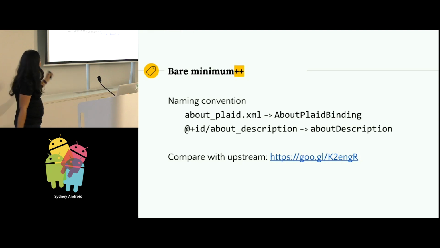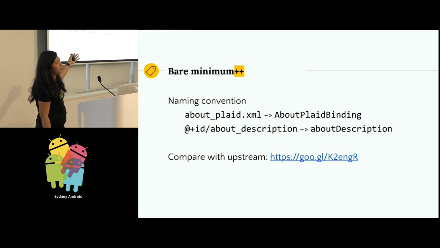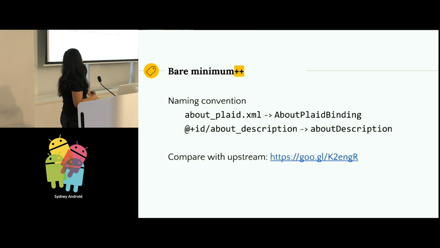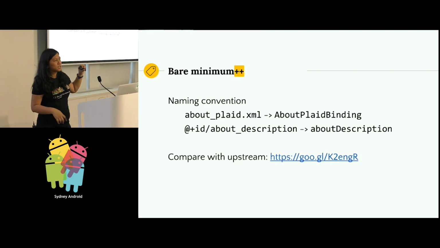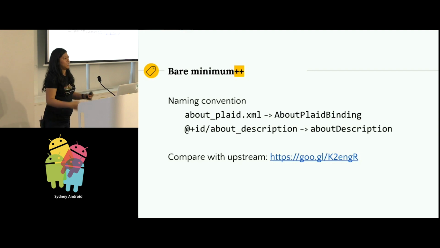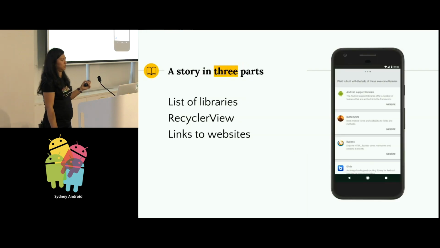If you have an ID, say your view ID is about_description, it will smoosh the words together and then camel case them. All the links that I will show are a diff of my fork of Plaid with the original upstream version of Plaid, so it's kind of like seeing how things differ between data binding and the traditional Butter Knife implementation.